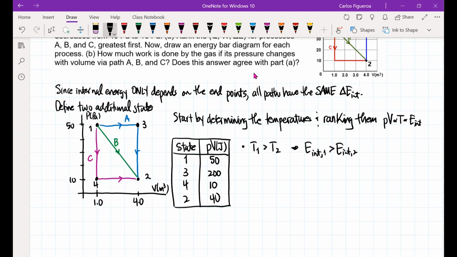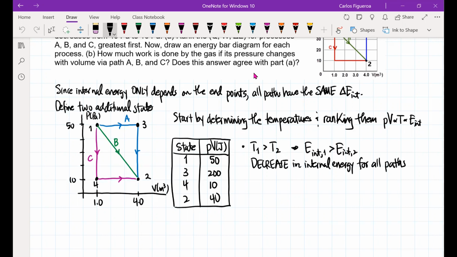So that means here that there's a decrease in internal energy for all paths.